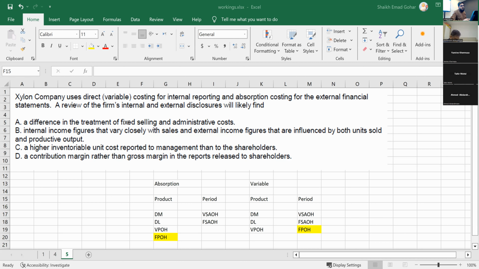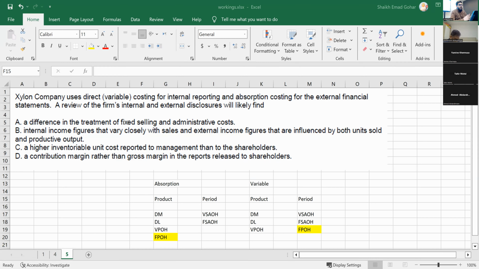What about C? Can you see option C? They are saying a higher inventoriable unit cost, or you can say product cost, a higher product cost reported to management rather than shareholders.